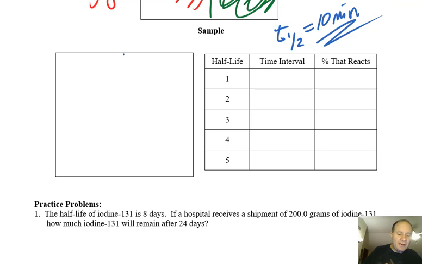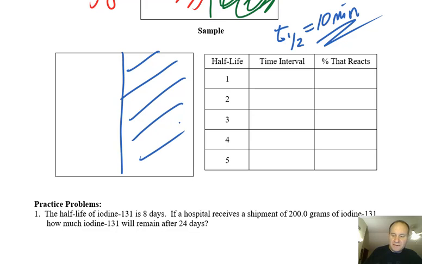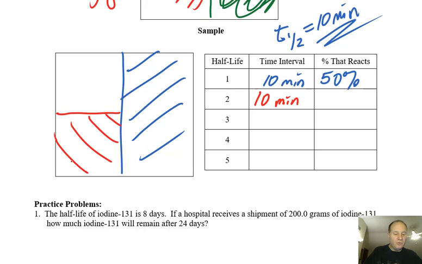In the first 10 minutes, we see that 50% reacts and goes away, breaks down. In the next 10 minutes, we would then see this amount go away.